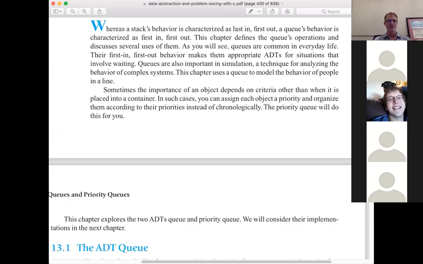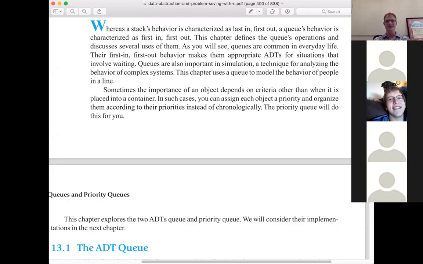People standing in line at a movie theater like we used to do, that sort of thing. Because in that situation, the first person who gets there is the first person who gets processed, right? So like a stack was last in, first out, a queue is going to be first in, first out.